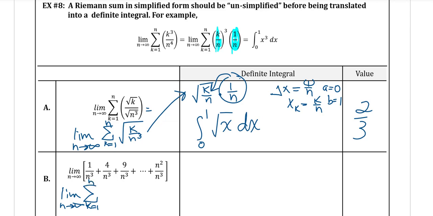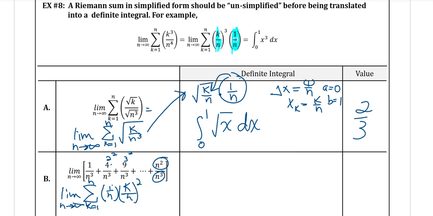What I see here is that I always have an n cubed on the bottom, but the top is a perfect square, and then I can see here that I have a perfect square over n cubed. So I could factor out a 1 over n, and then I'm left with some k, because remember your index goes from 1 to, this would be 2 squared, 3 squared. So that's your k over n squared.